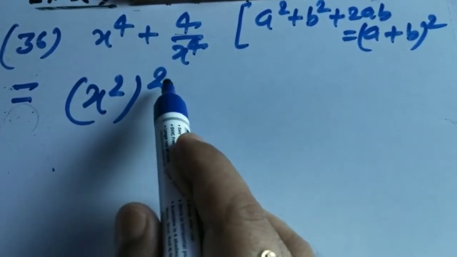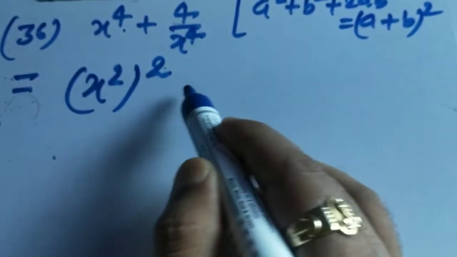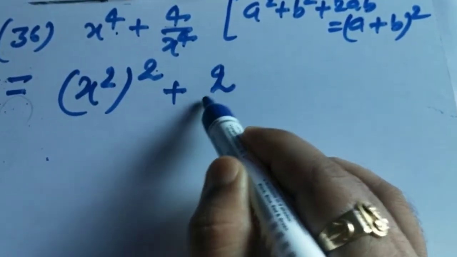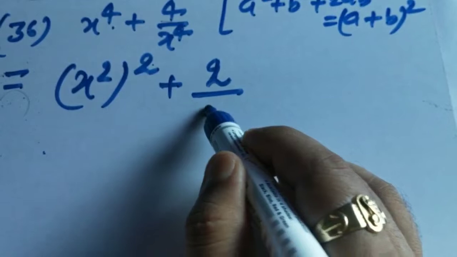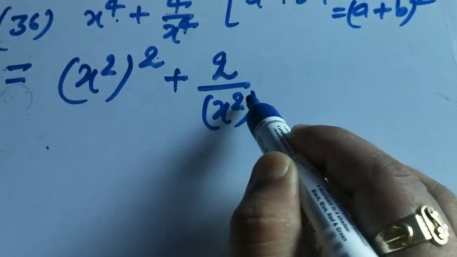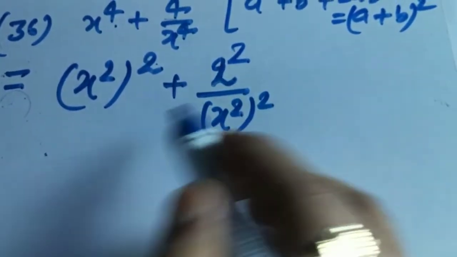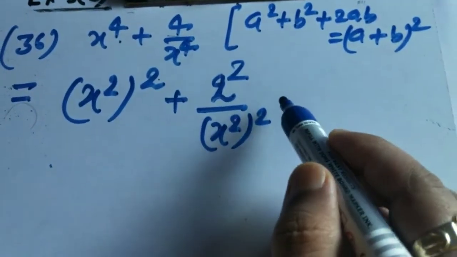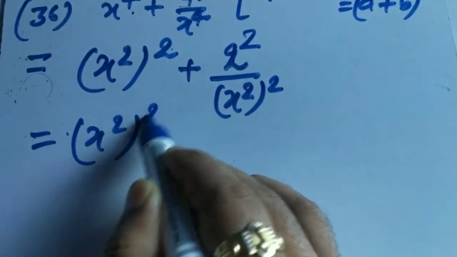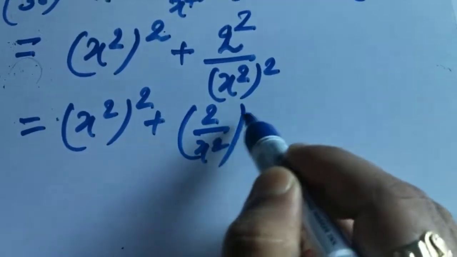If we square x square, the powers multiply, 2 times 2 is 4, then power 4 comes. And 4 is the square of 2, and x power 4 is here in the denominator, so it will be written as x square the whole square, and 4 can be written as 2 square. So it will be x square the whole square plus 2 upon x square the whole square.